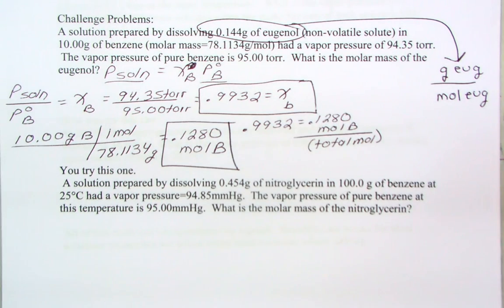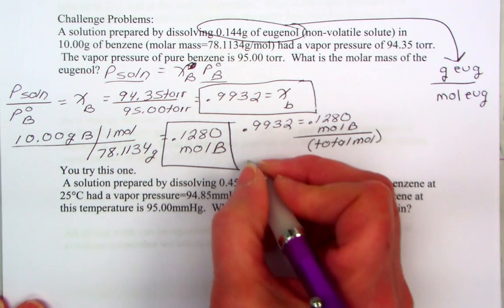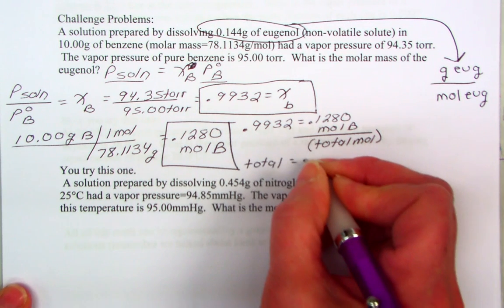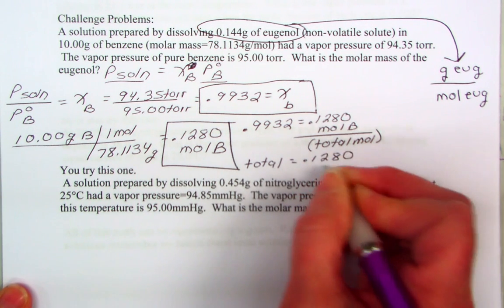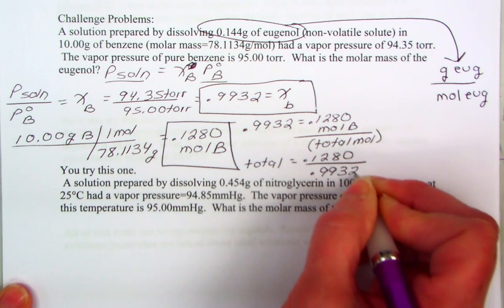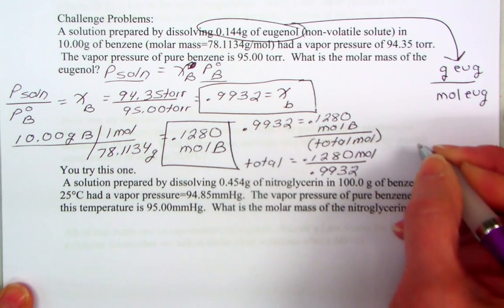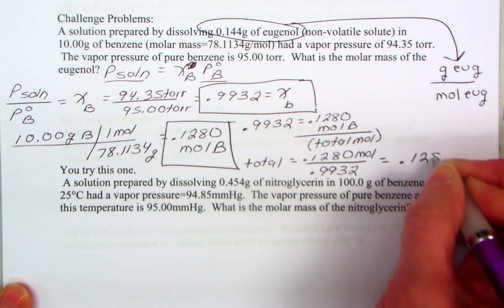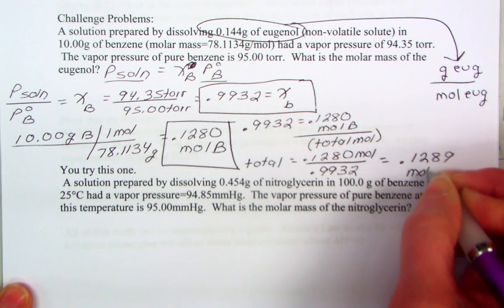So all I have to do now is rearrange. So my total moles is equal to 0.1280 moles divided by 0.9932. So that is equal to 0.1289 moles total.